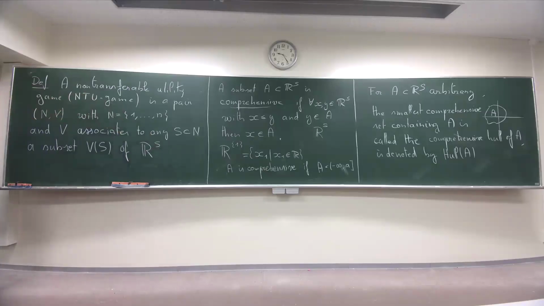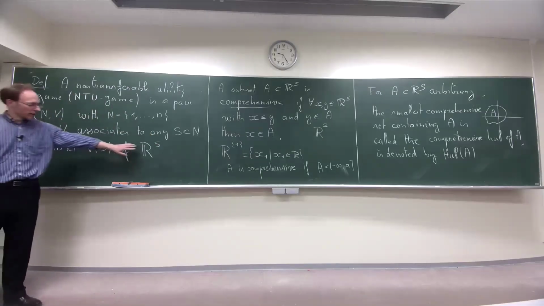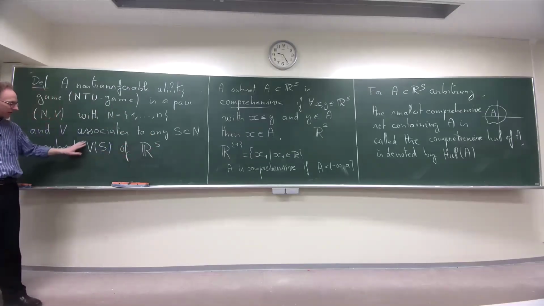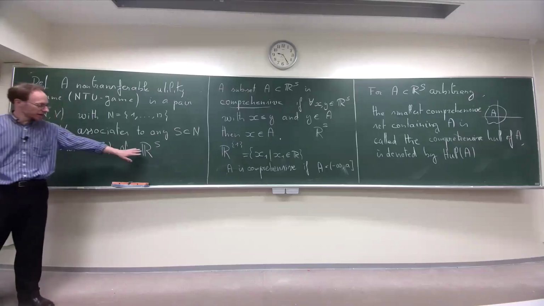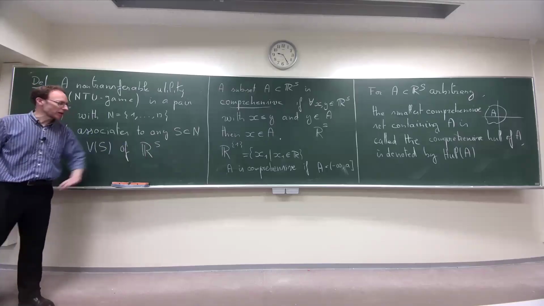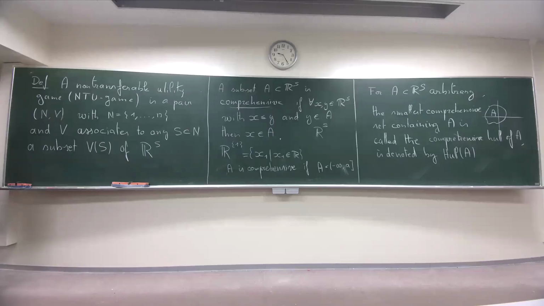If you try to write it as a function in the sense of the functions I introduced in calculus, you will see it's a bit complicated, because the image, or more precisely this V(S), which is a subset, is in a space which depends on S. So if you try to write it as a function, it's not easy.